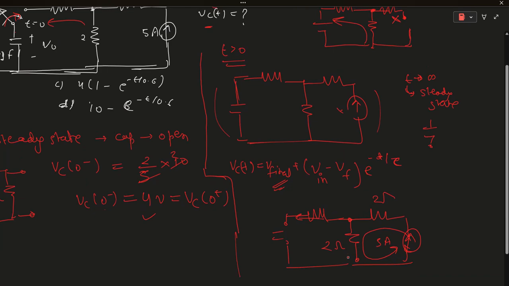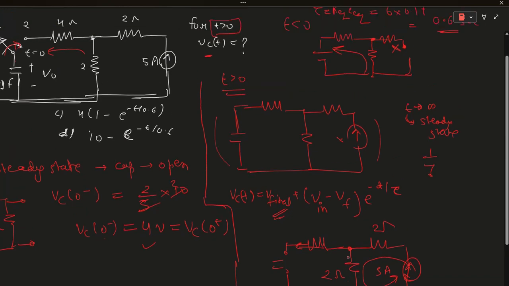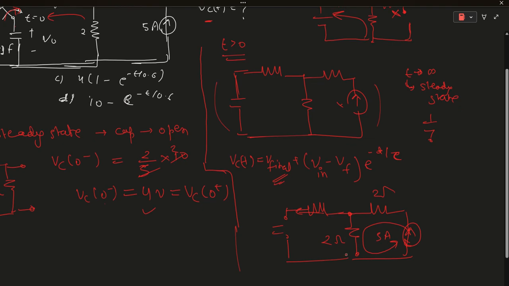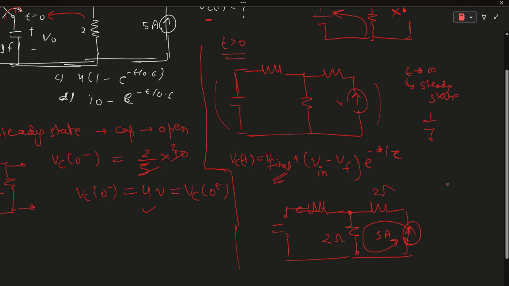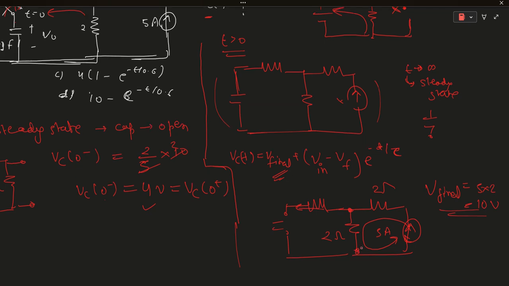So what is this voltage? This is 5 ampere, so V final will become 5 into 2, which is 10 volt. So this 10 volt appears on this resistor.